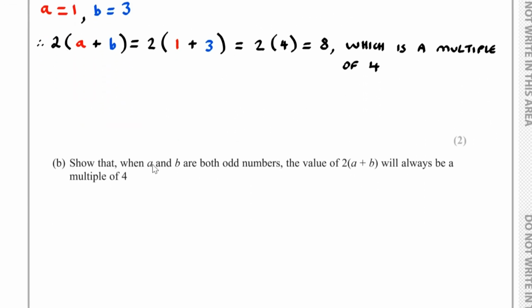Then for part B, we have to show that when A and B are both odd numbers, the value of 2 times by A plus B will always be a multiple of 4.